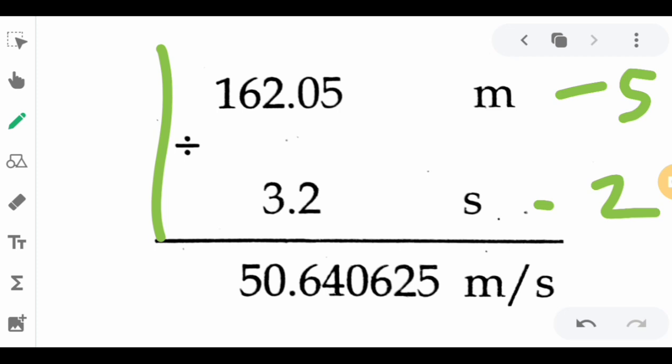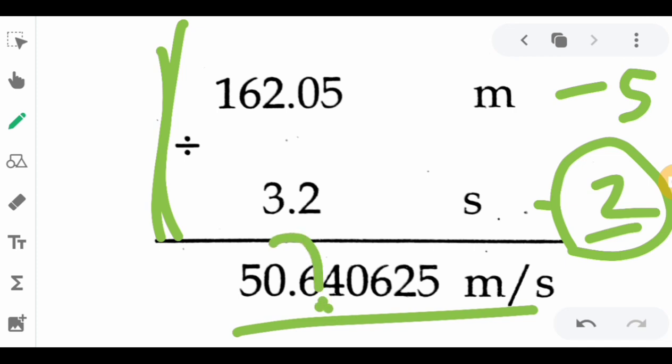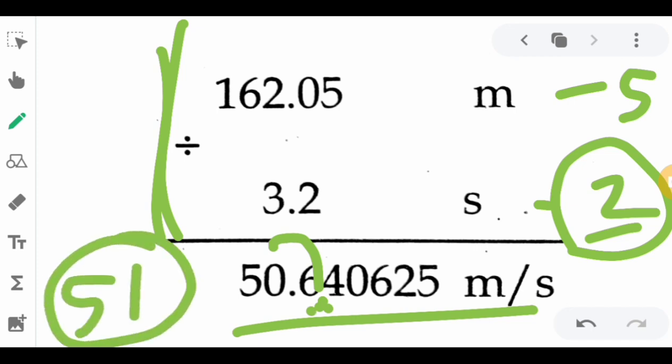And then the final answer should be only in 2 significant figures, because that is the least number of significant figures in the values being divided. So the final answer instead of all of this should be 51. You have to round off because the next number is greater than 5. So it is 51 instead of this.